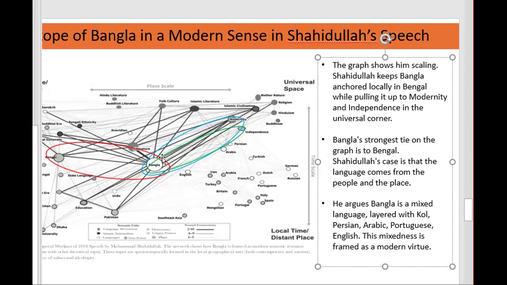Bangla's strongest graph association is with Bengal, and it is the language of the space. It is a mixed language, mixed with Khol, Persian, Arabic, Portuguese, English.